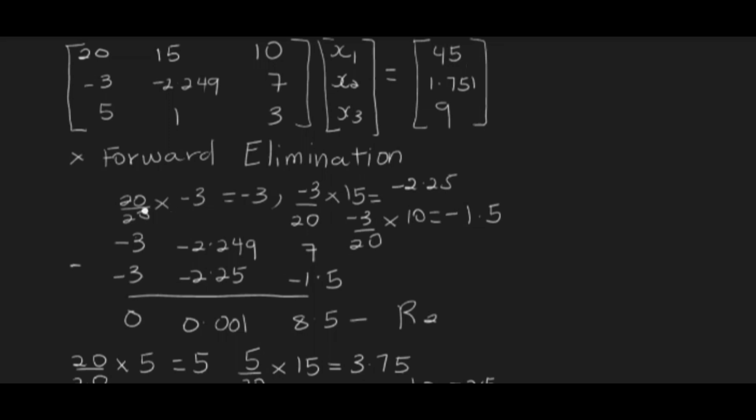So here we multiply 20 over 20 times negative 3. So for the initial one, to modify this side, we are also going to divide this side by 20. So we have 45 on 20, then you multiply that one by the negative 3.